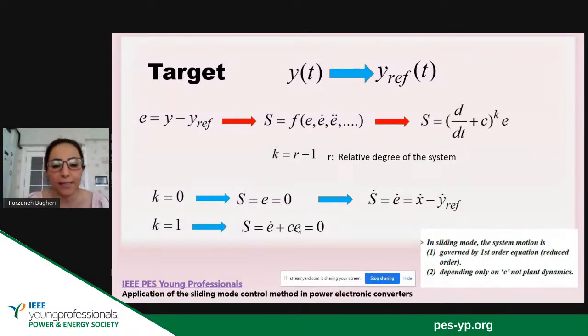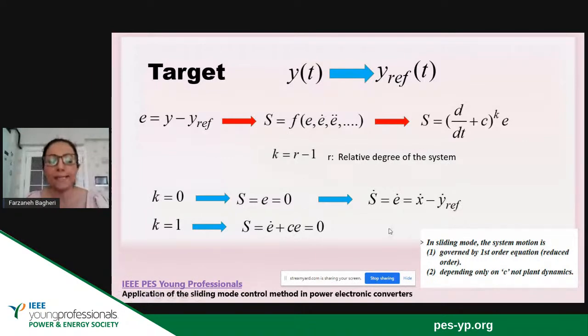The second thing, when you look at the sliding function, you can see that s is equal to e dot plus ce. It is only dependent on the error and a constant coefficient, and it is not dependent on the parameters of the system. That's why we say that the sliding method is robust. It means that it is not dependent on the parameters of the system.